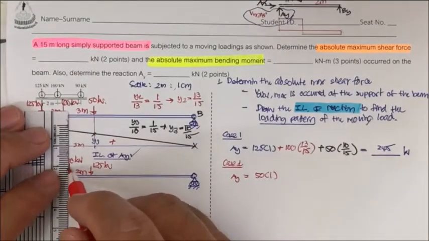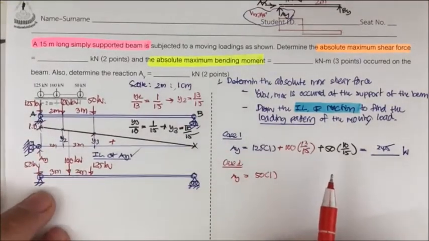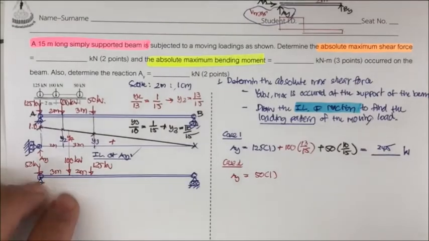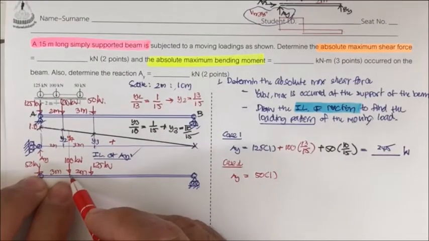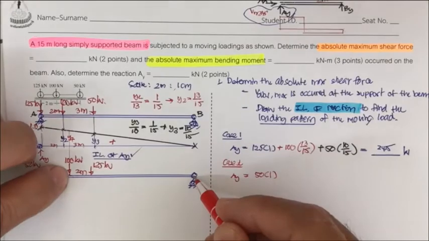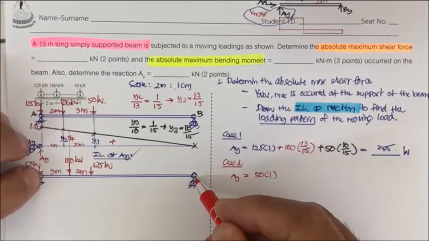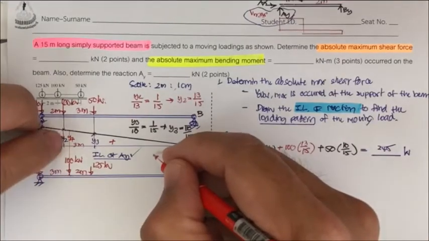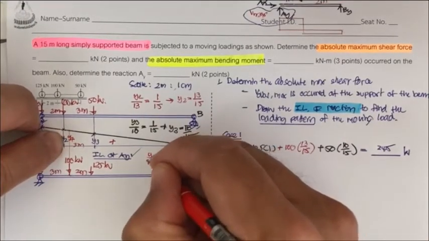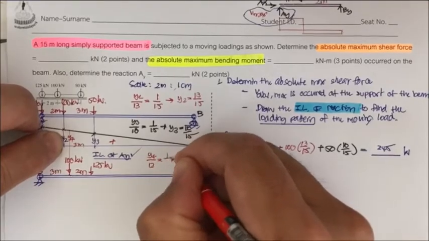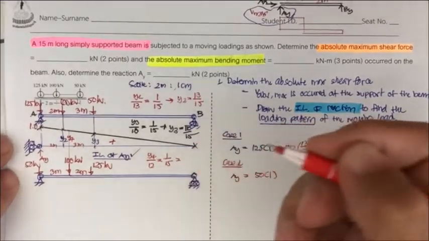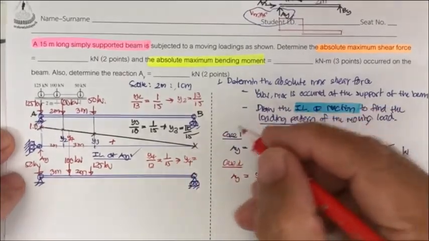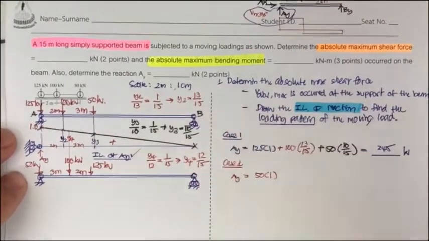Okay, going to project up here. And this one we may have y4. And this is 3 meter. The total is 15. So this distance is going to be 15 minus 3, that's 12. So y4 over 12 equal to 1 over 15. So you get y4 equal to 12 over 15.